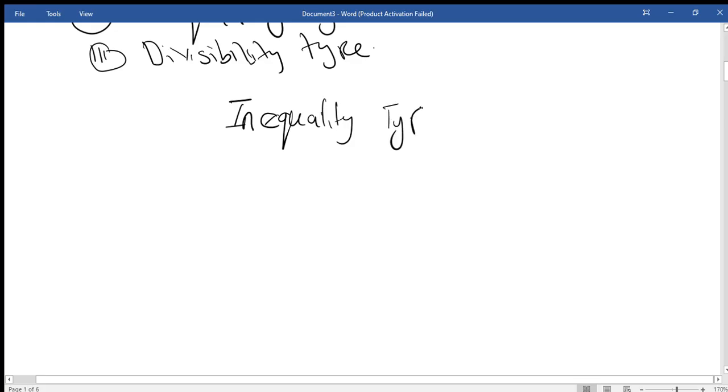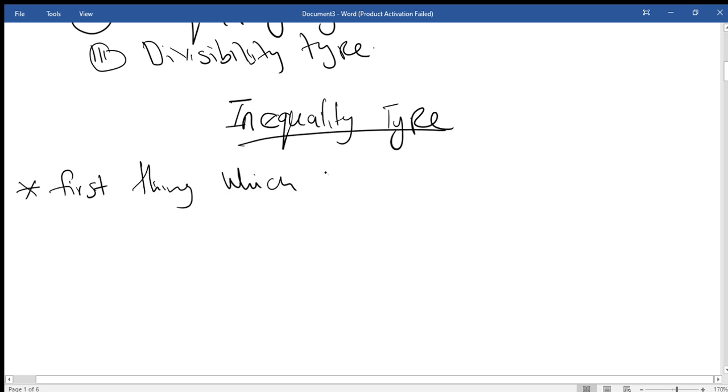So the inequality type here, the first thing you need to know is the transitive rule, or the transitive property.